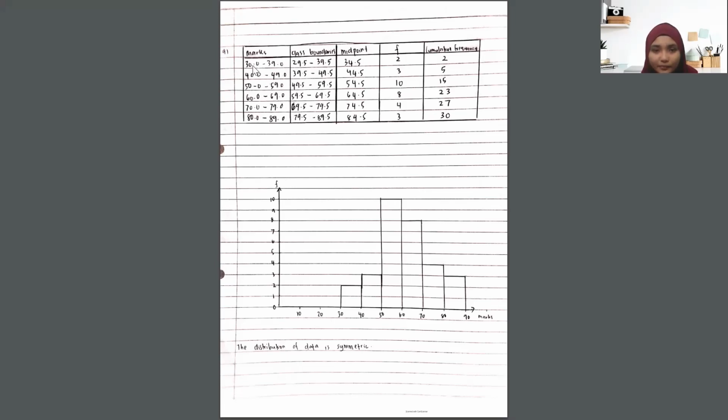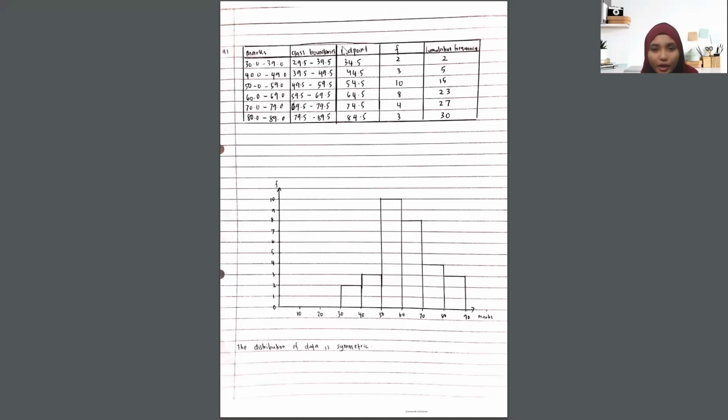For example, 30.0 subtract 0.5, and then we will get 29.5. For the upper class limit, we add 0.5, and then we will get 39.5. And continue with the next class.